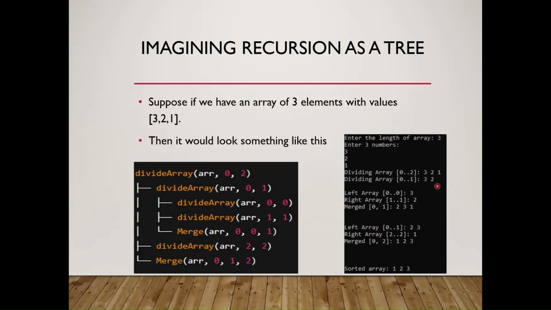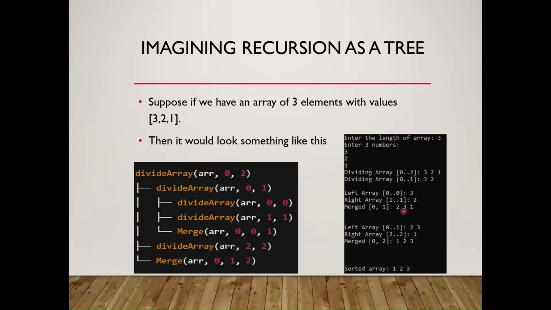So when we have come inside this, since 0 is still less than 1, the function will call itself and divide the array again. In the new array, it will be from 0 to 0 and 1 to 1, the left array and the right array. In the left array there will be 3, and in the right there will be 2. And we will merge them back into our original array.